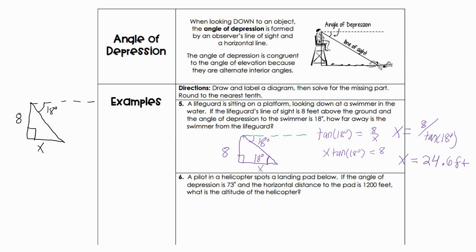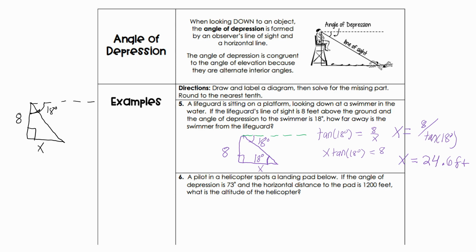Instead of using the alternate interior angles, since the angle of depression and this top corner of the triangle are in a corner, by that I mean 90 degrees, these two are complementary angles.